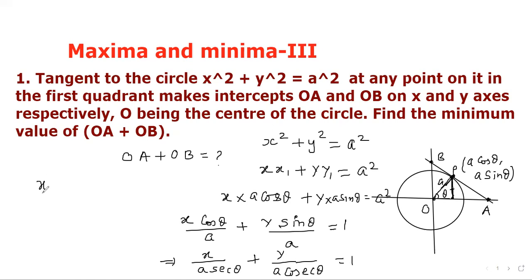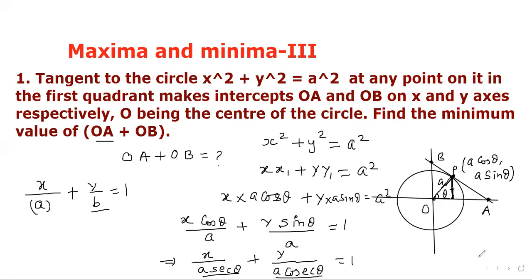If you remember, in the form x upon a plus y upon b equal to 1, a is the x-intercept and b is the y-intercept. So here the x-intercept is a sec theta and the y-intercept is a cosec theta. So OA equal to a sec theta and OB equal to a cosec theta.